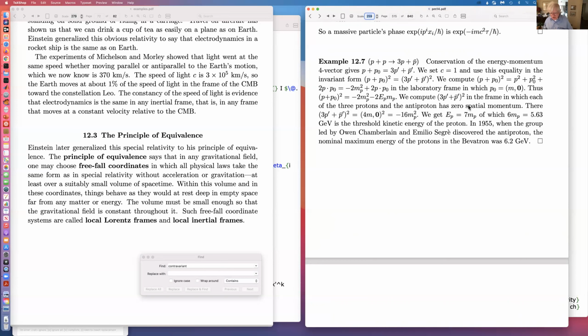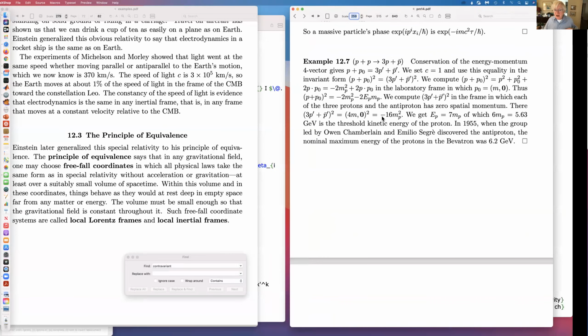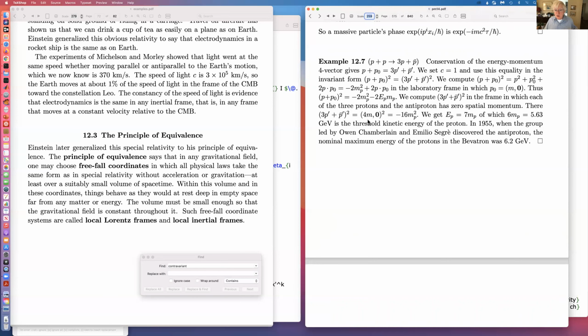In other words, you smash the two protons together, and then you look in the rest frame in which there's the least amount of kinetic energy, and that's where all the 3 protons and the antiproton all have momentum 0. And in that case, what you've got is 4m0 squared.